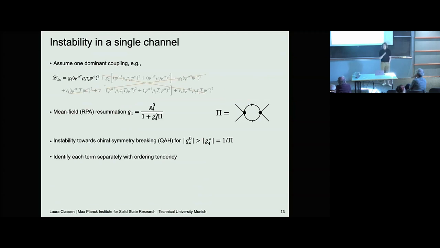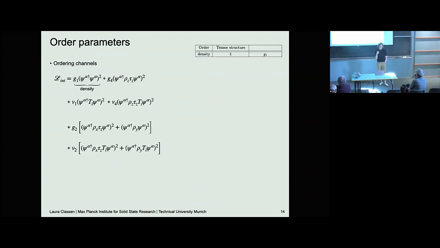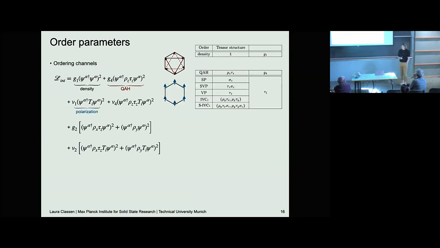Now, in this way, considering each of the couplings separately, I basically can identify the ordering tendencies that correspond to each of these couplings. So let me quickly just give you an idea via examples what these correspond to. And depending on the people you ask, you'll have different names for that, but just let me give you some examples. First of all, we have a density interaction, and then this quantum anomalous Hall state that I just described. This coupling V1 would correspond to an SU4 manifold of orders that polarize the electrons.